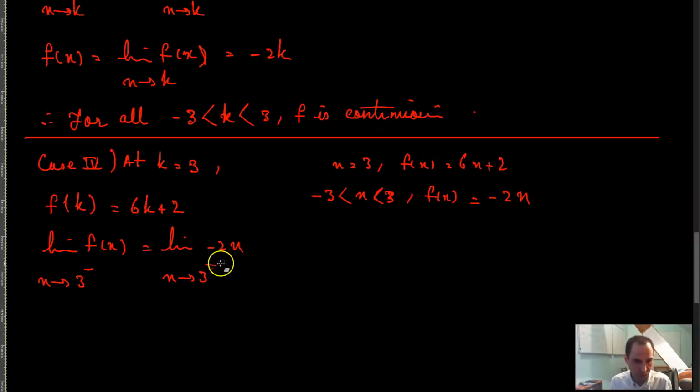Or actually you don't have to write the left anymore. So the limit of negative 2x as x tends to 3 is equal to negative 2 times 3, which is equal to negative 6. And by the way, since k is equal to 3, 6 times 3 is equal to 18, 18 plus 2 is equal to 20, right?